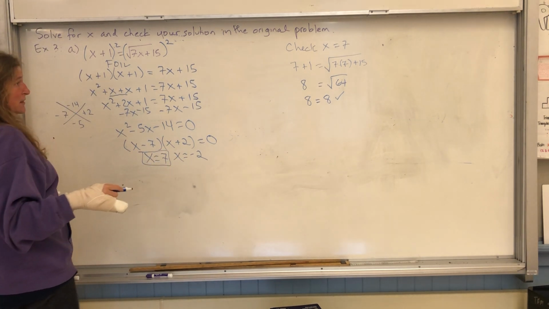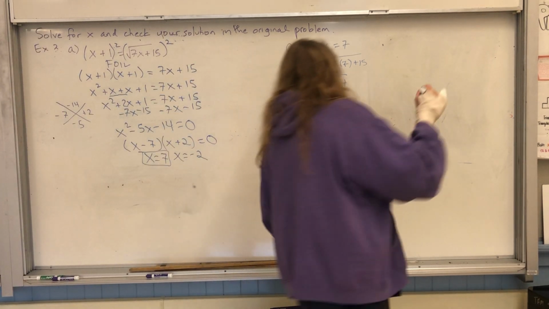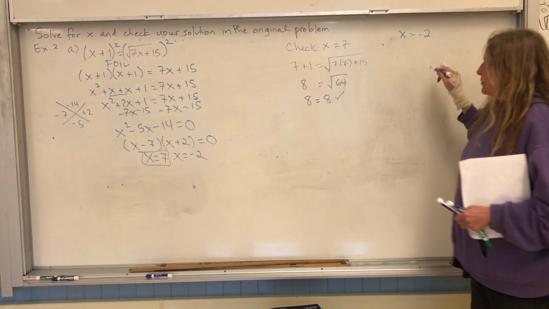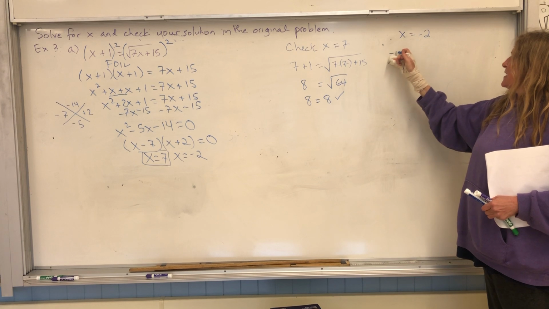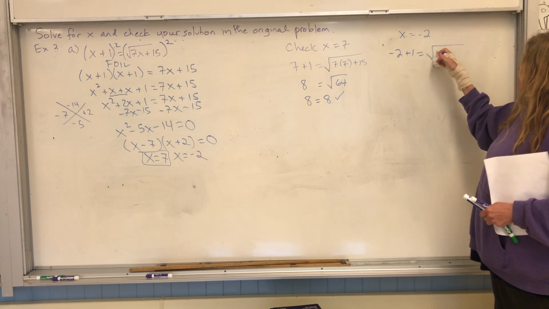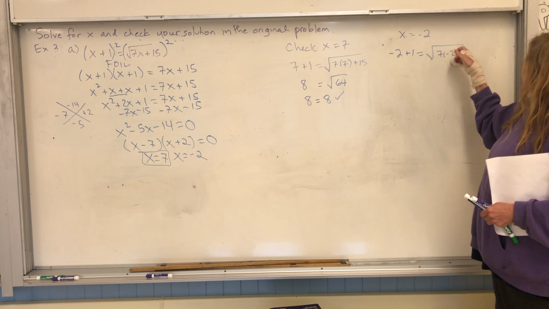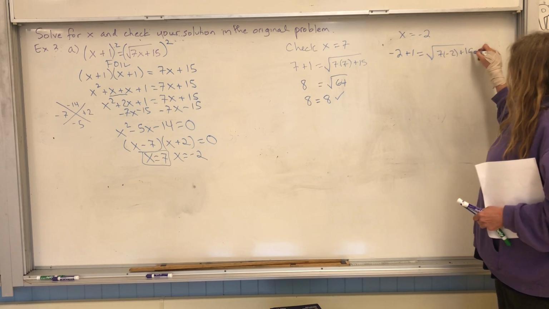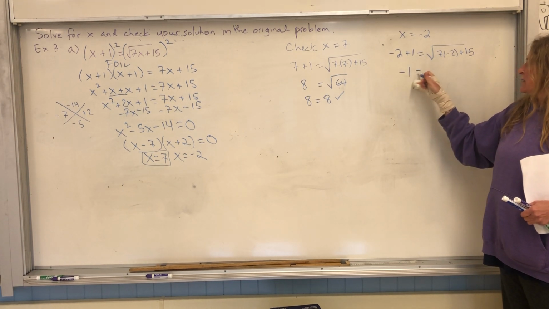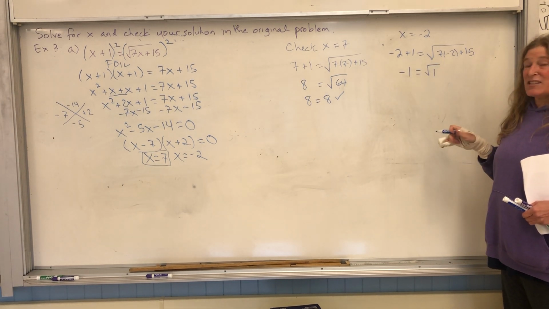Okay, here's where I'm gonna show you what happens. So what if I plug in x equals -2? Well, let's see, -2 plus 1, is that equal to the square root of 7 times -2 plus 15? Well, -2 plus 1 is -1. So actually, this is not true.